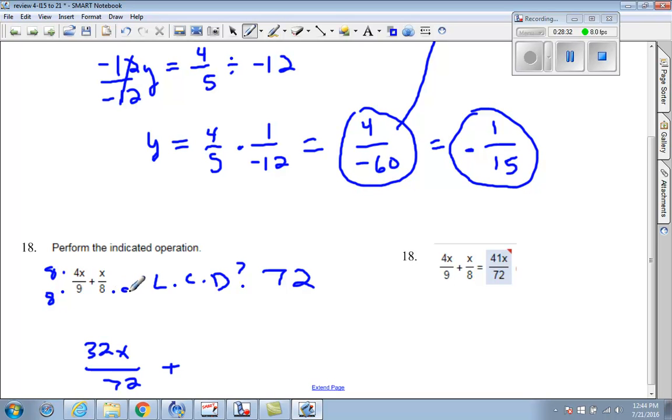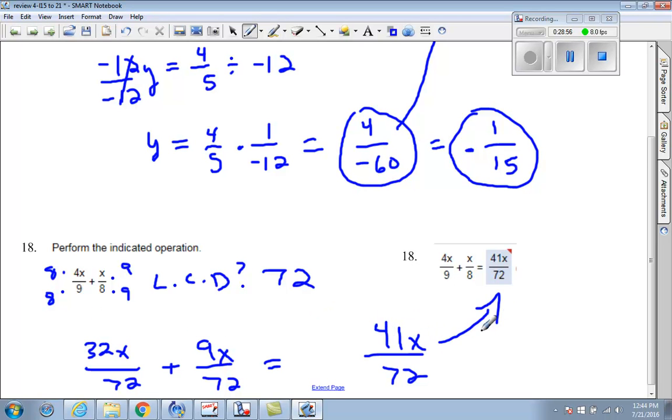You've got to times by 9. Do to the bottom, do to the top. So again, 8 times 9 would make 72, but 9 times x would make 9x. Now you have the LCD, which is 72, so you keep the LCD, and you add the numerators. So 32x and 9x makes 41x, and voila, we got the answer.